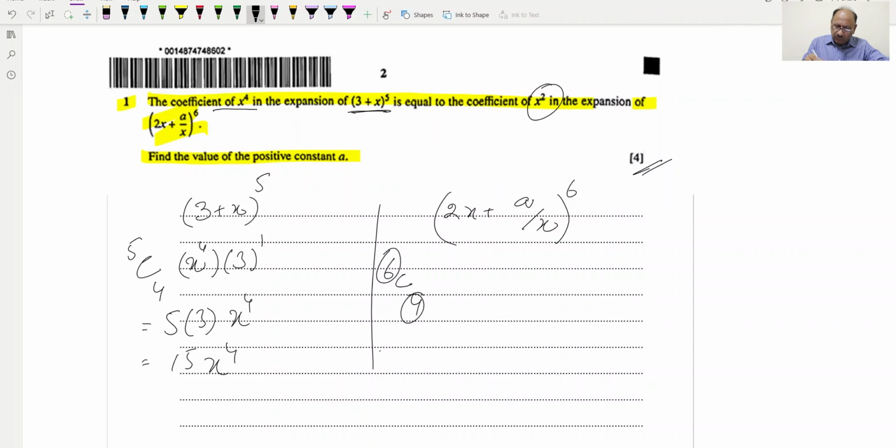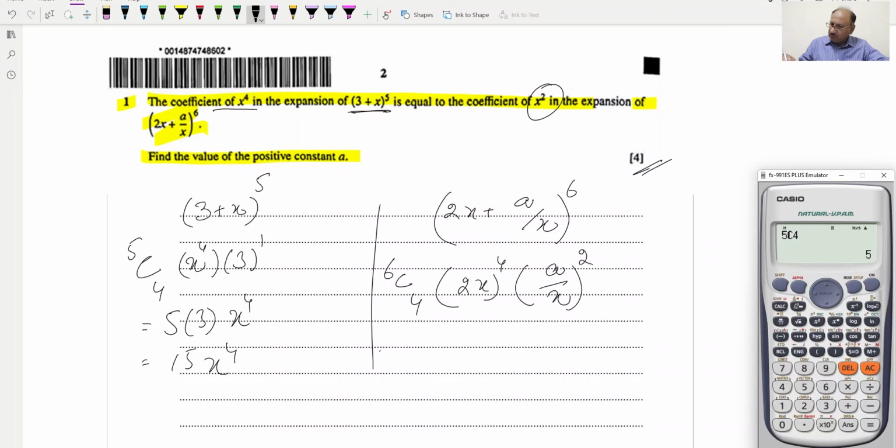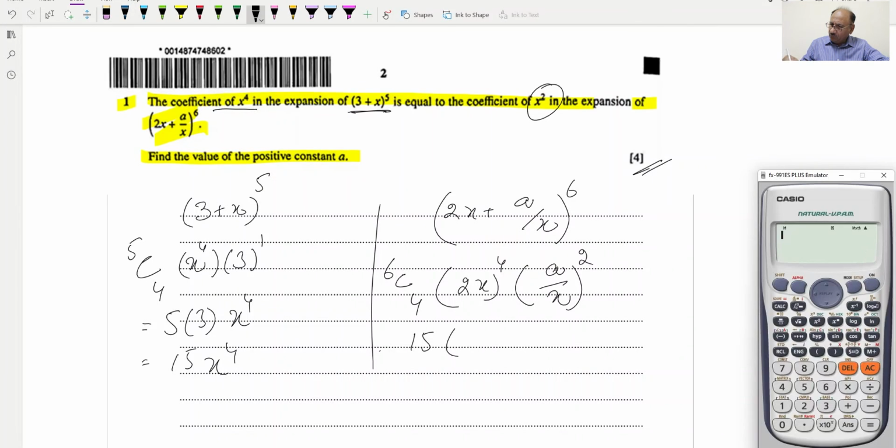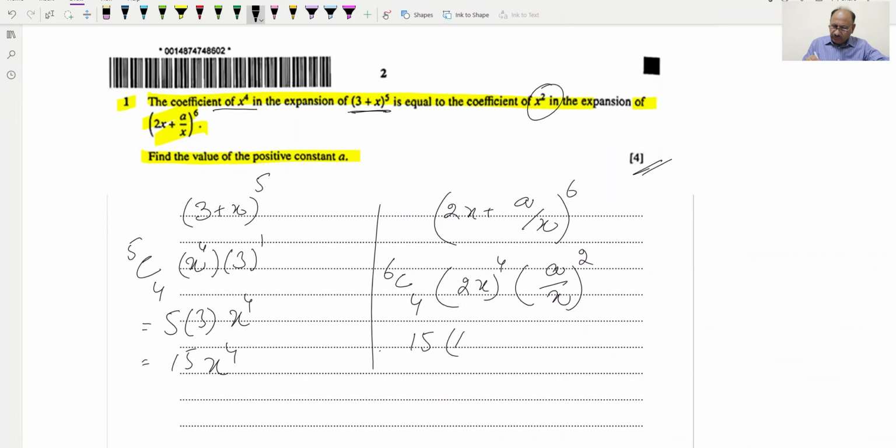The difference of 6 and 4 is 2, so that's why we are taking this term, which is 6C4 times (2x)^4 into (a/x)^2. 6C4 is equal to 15. So 15 into 2^4, which is 16, and x^4 and a^2 over x^2.